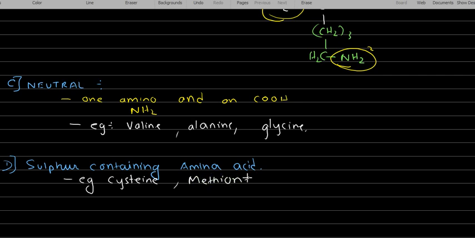One more important thing to note about methionine is that it is always the first amino acid in every protein sequence. Methionine will be the initiating or starter amino acid in every protein.